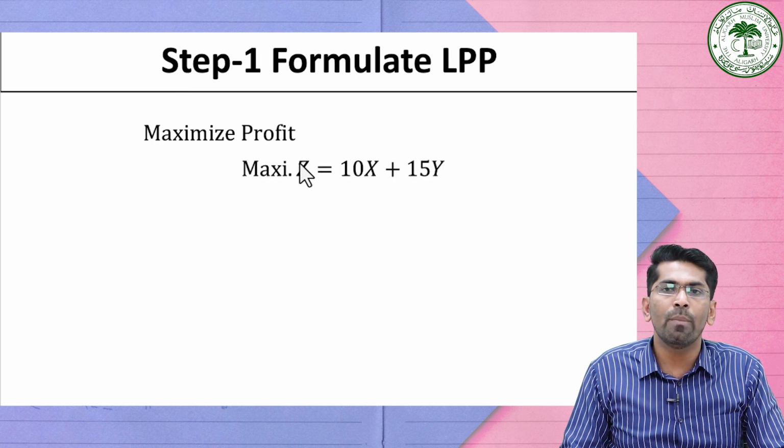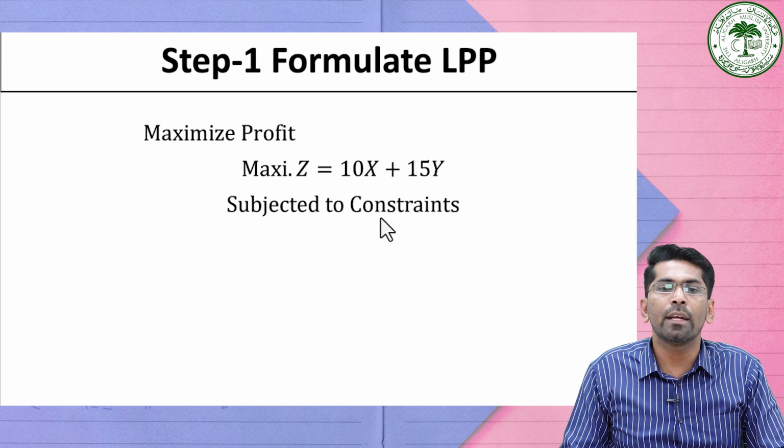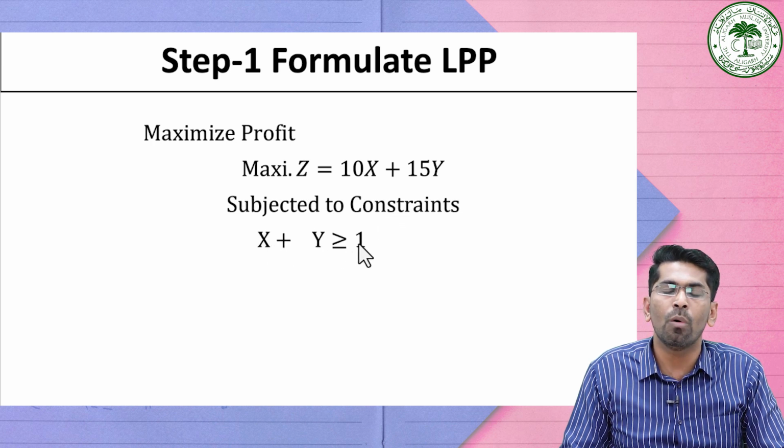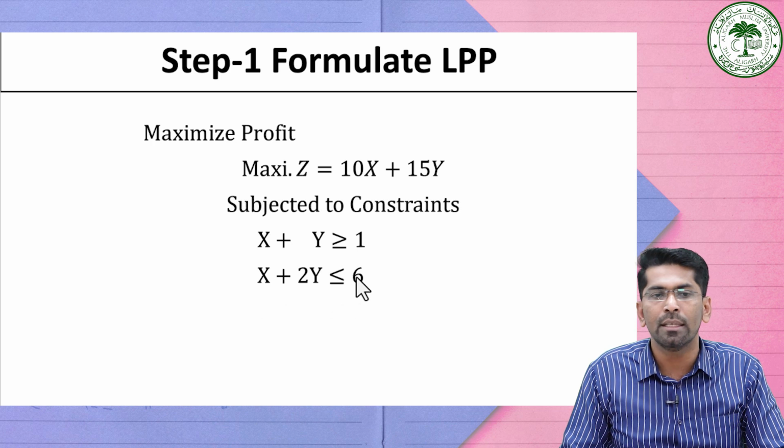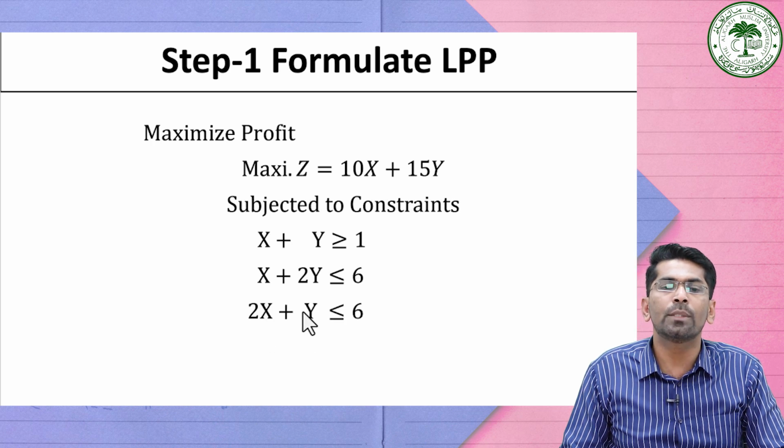We want to maximize our profit, that is, Z is equal to 10x plus 15y, subject to the constraints: first, x plus y greater than or equal to 1. Second, x plus 2y less than or equal to 6. The third one, 2x plus y less than or equal to 6.